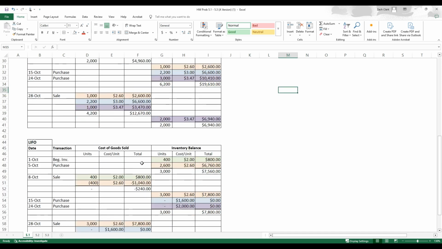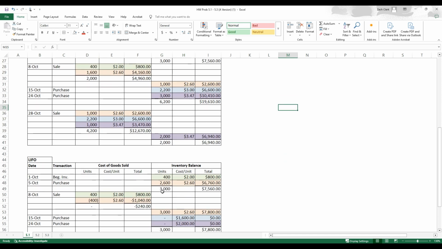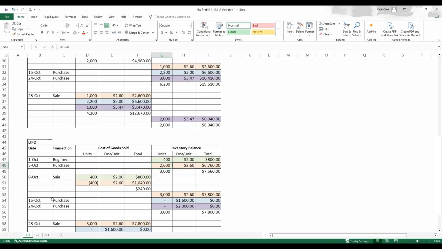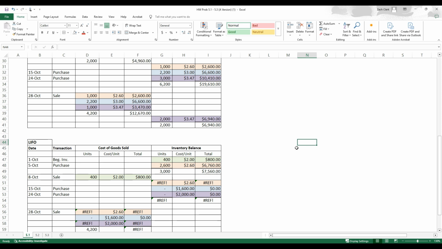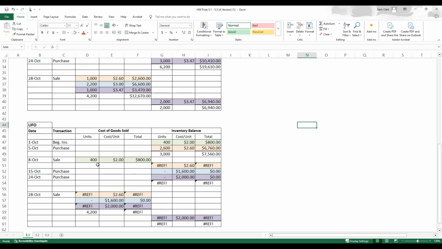If we sold 2,000 units, we have more than enough units within this layer to accomplish that. So I'm going to delete those rows. We'll fix the problems later as we go.